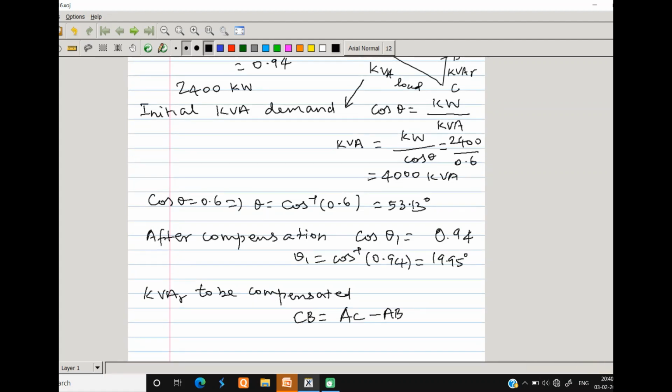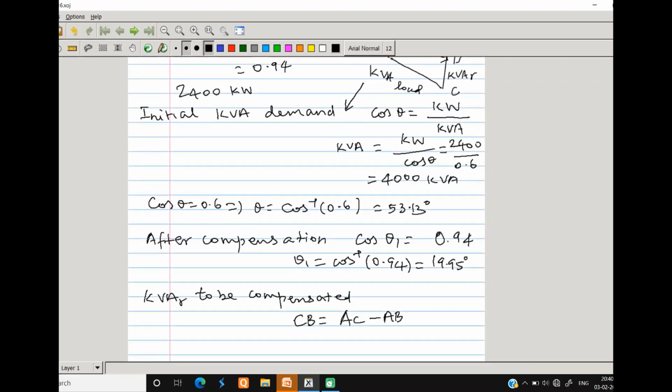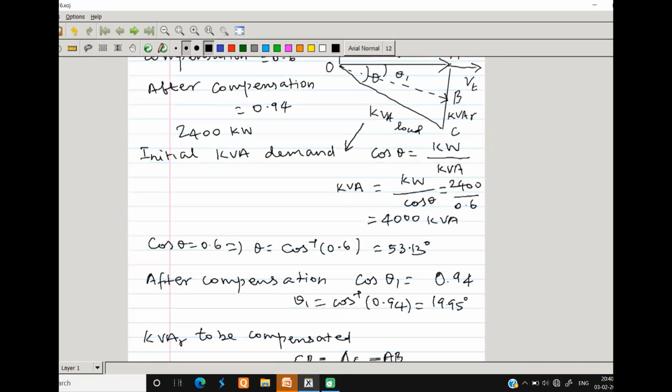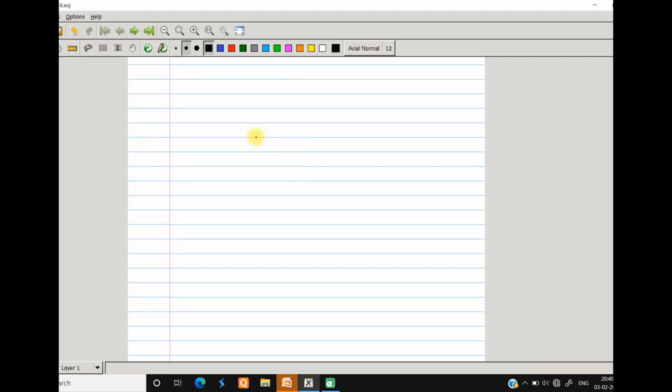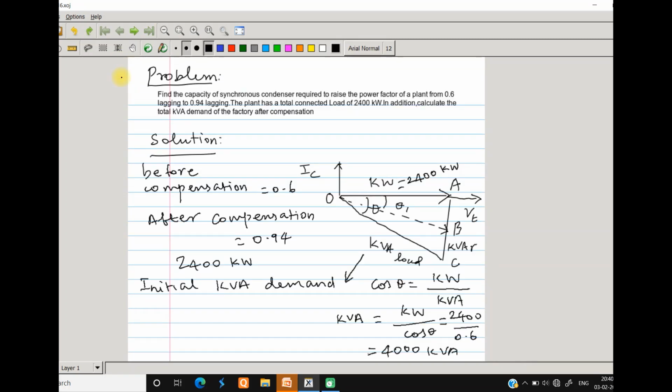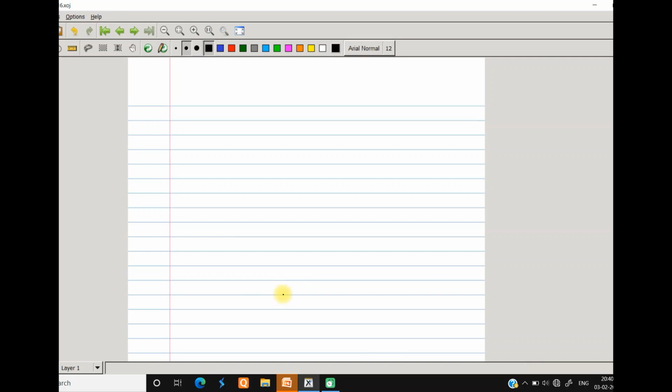So what is AC over here? AC will be OA into tan theta minus AB, which will be OA into tan theta 1. So we need to find these values.